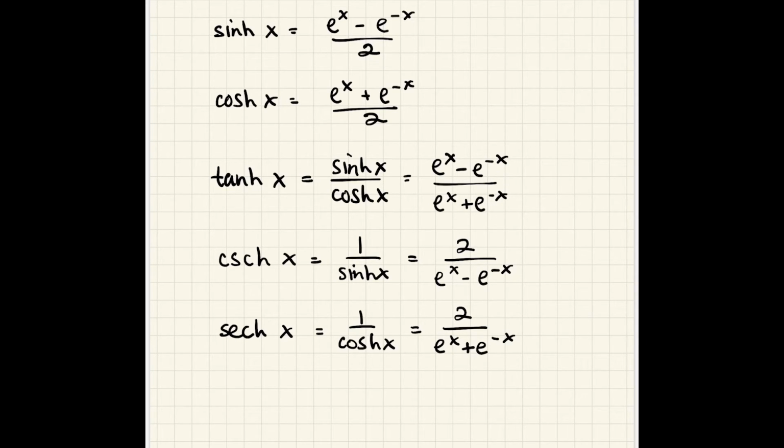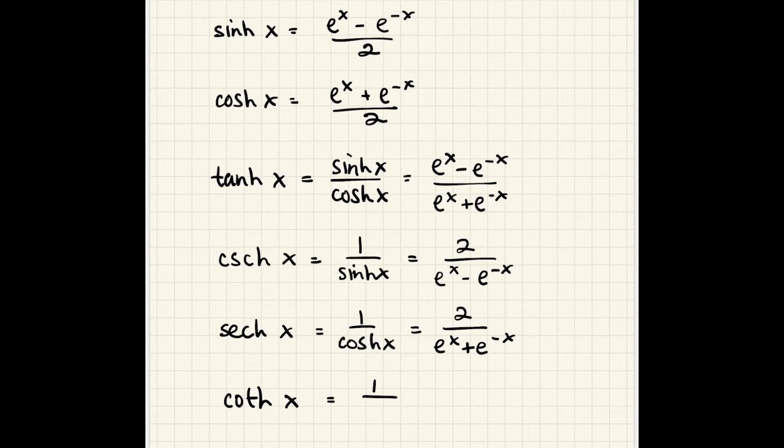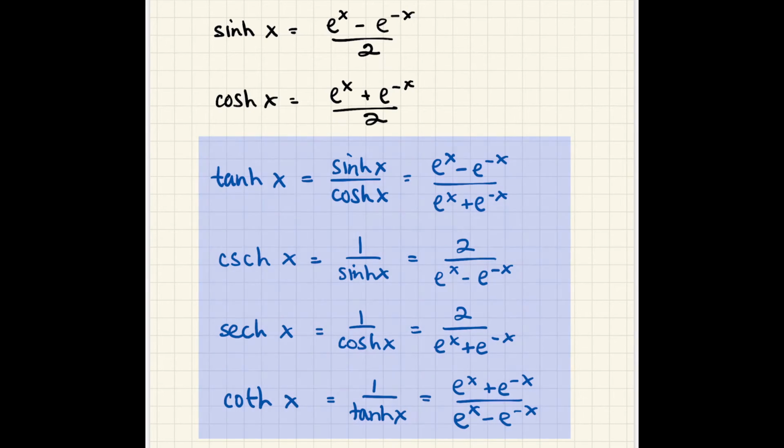And finally, hyperbolic cotangent, or coth, is 1 over tanh, just the reciprocal of tanh. So there we are. If you know sinh and cosh, then you can recover the definition of all of them.